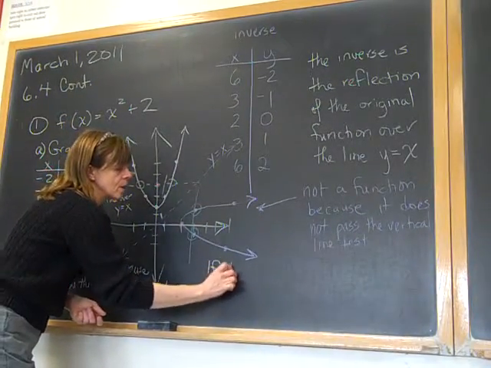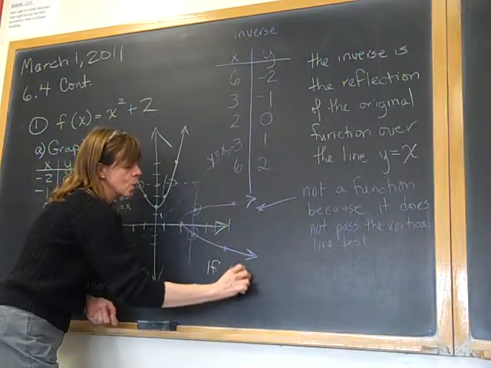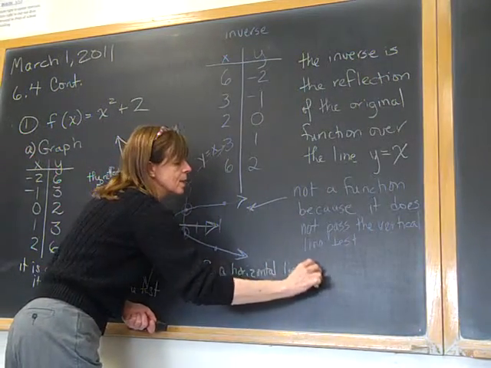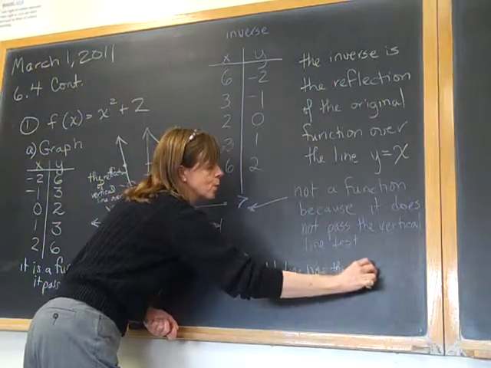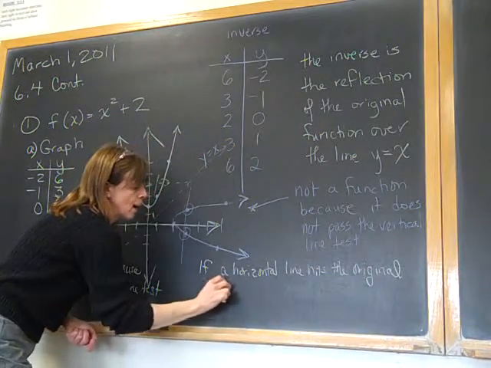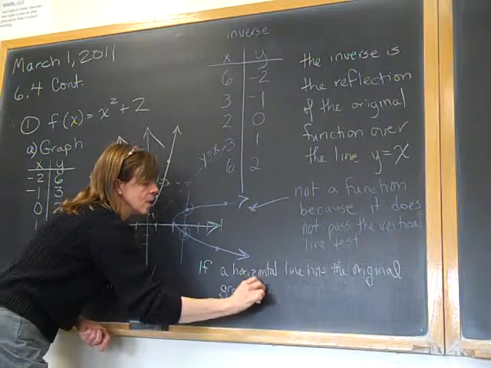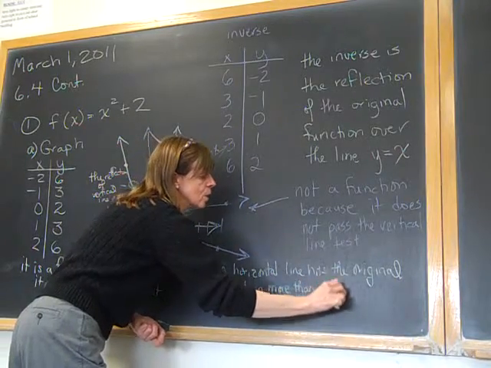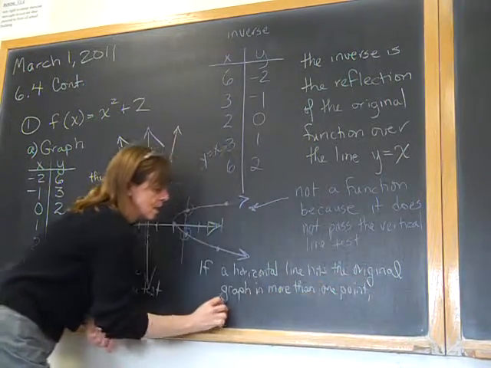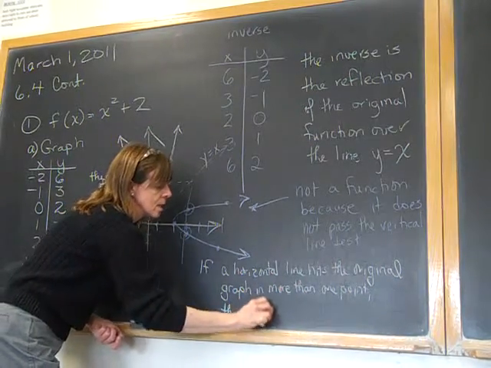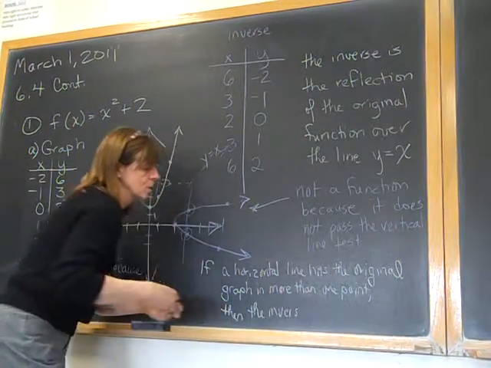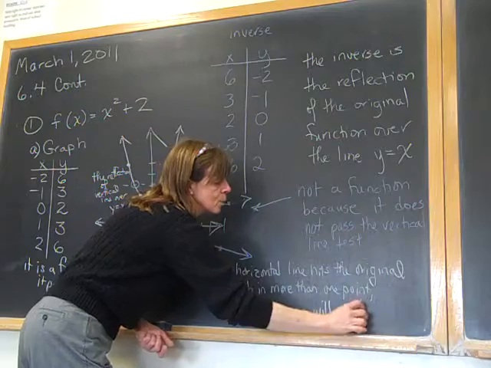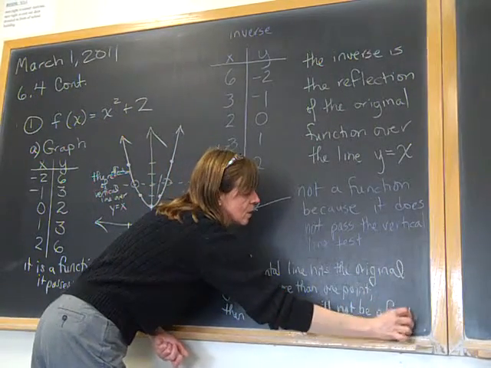So if a horizontal line hits the original graph in more than 1 point, then the inverse will not be a function.